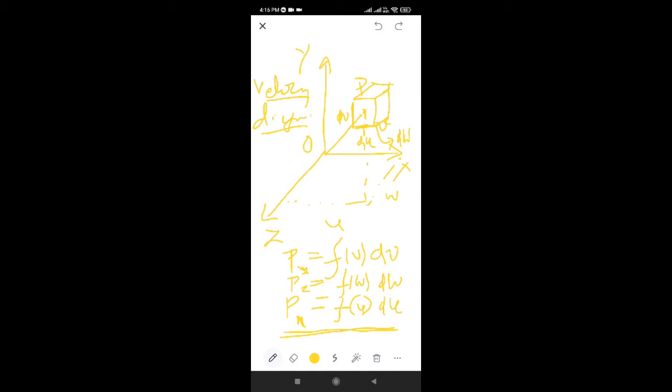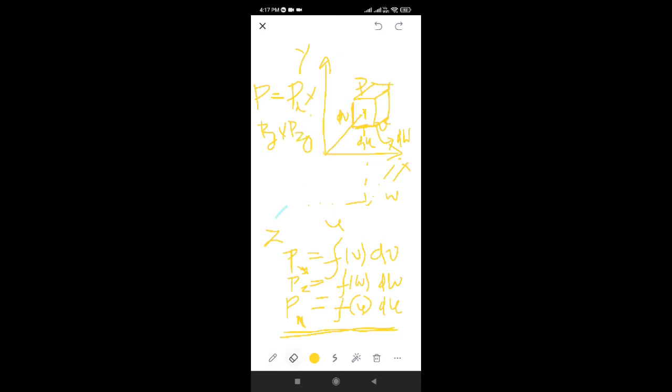The total probability that the molecule under consideration has its x component of velocity in between u and u plus du, y component of velocity in between v and v plus dv, and z component of velocity in between w and w plus dw is given by, when you are given partial probabilities which are independent of each other, P is equal to Px into Py into Pz.